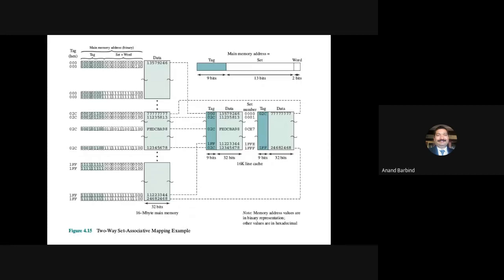We started with direct mapping, then associative mapping and set associative mapping. In the next class we shall go with the cache replacement algorithm and the remaining part of the cache, that is the read write policy and the cache replacement algorithm. That is the last part in the cache.